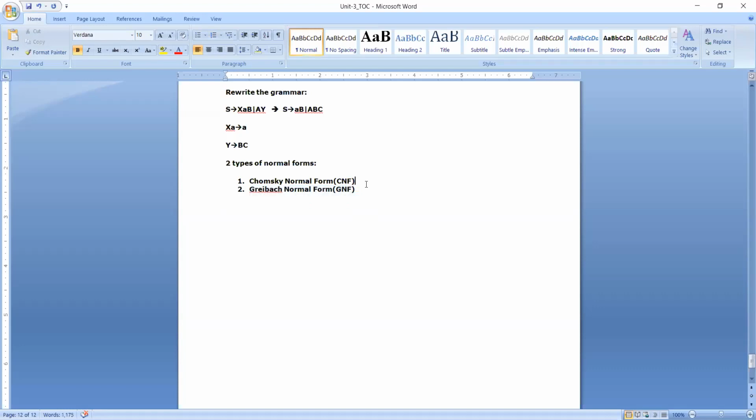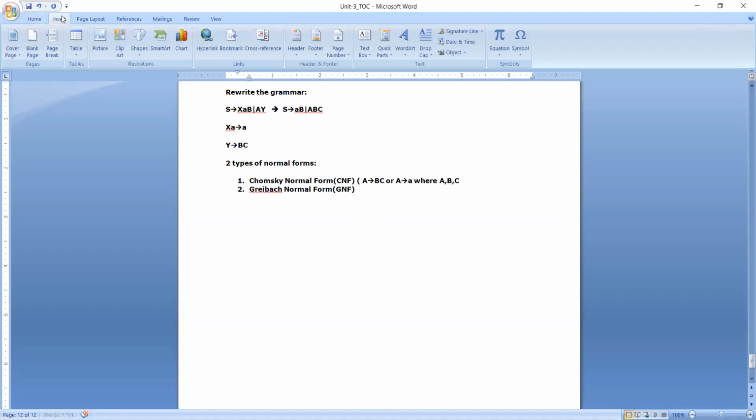A grammar G is said to be in Chomsky normal form, or CNF, if and only if, listen carefully, all its productions are in this form: A derives to BC, or A derives to a, where A, B, C are uppercase letters, that is, variables, and small a belongs to the terminals.